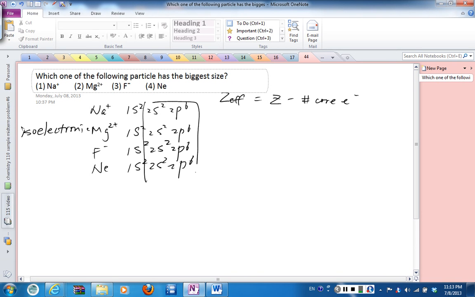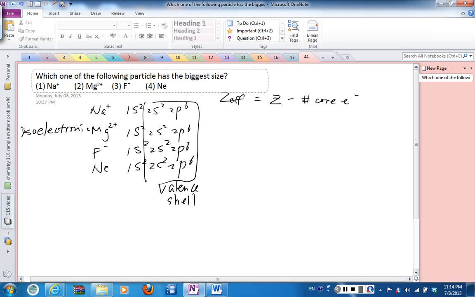Apparently the 2s, the second shell, that's the valence shell. Because that's the outermost shell, that's the shell with the highest number up front, however you want to say it. And that makes the 1s core electrons. And for each of them, you have 2 core electrons.